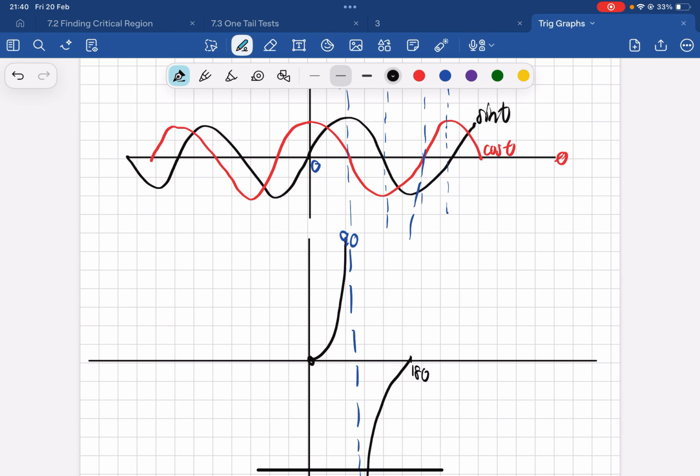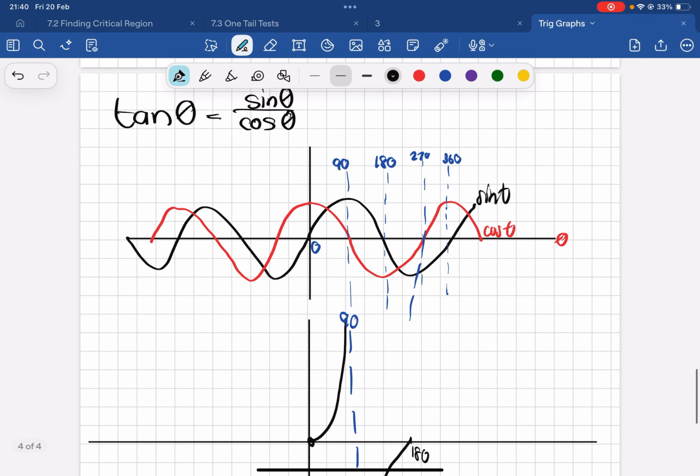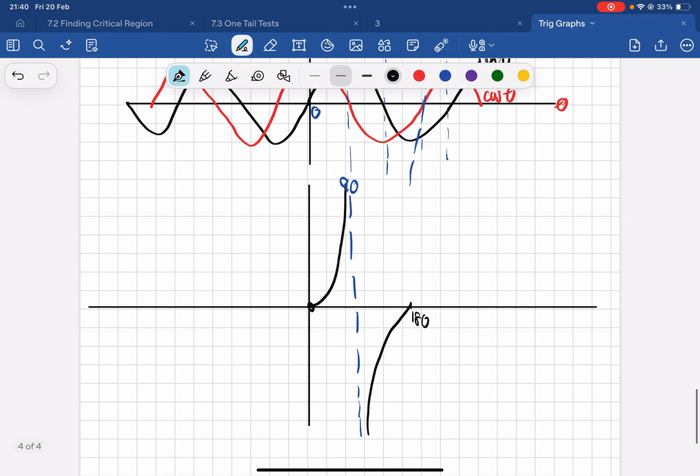Now, from 180 to 270, tan 180 is 0, tan 270 however, well, we've got negative 1 divided by cos 270, which is minus 1 over 0, which is undefined. So again, we just have an asymptote.